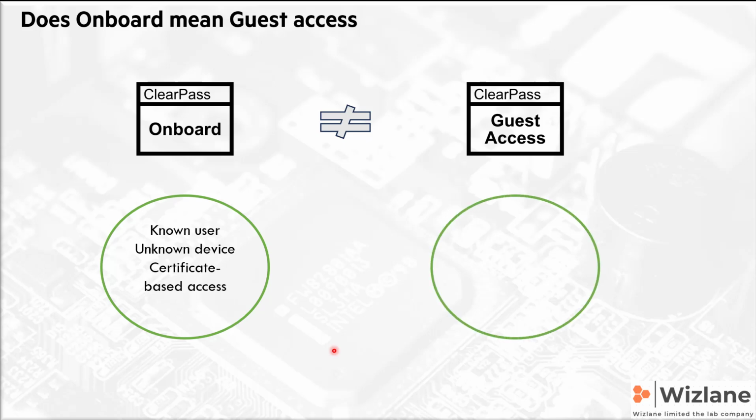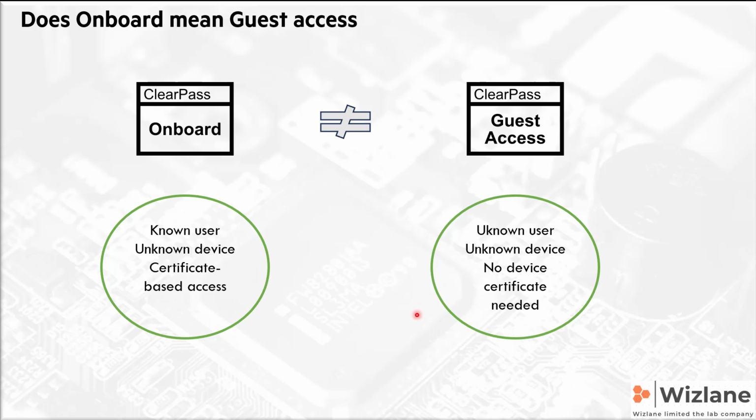On the other hand, the guest user is unknown to us. It is somebody who is probably a visitor, and they will most likely create their own account. The device they have is also an unknown device. We don't have any control over that device. And in this case, there's no certificate needed for that device, i.e. we will not deploy a certificate for guest access to take place.